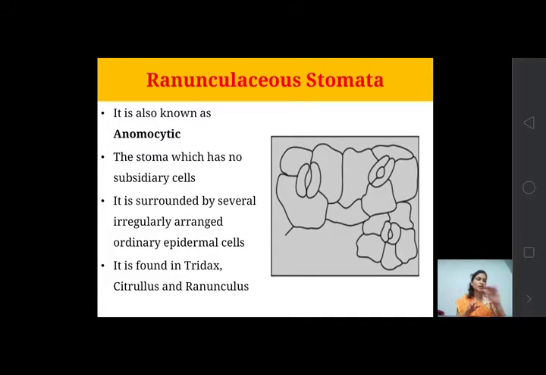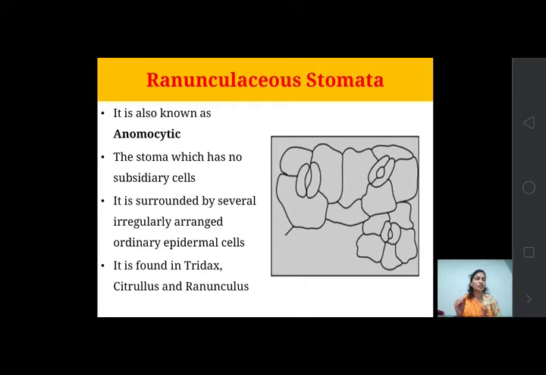So the surface cells, the epidermal cells, just surround the guard cells. There are no specialized epidermal cells surrounding the guard cells.